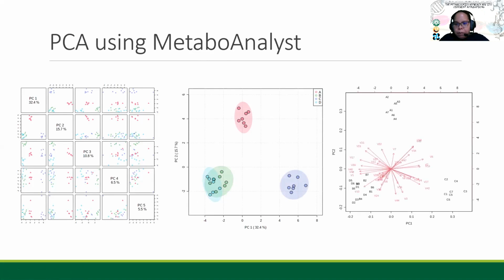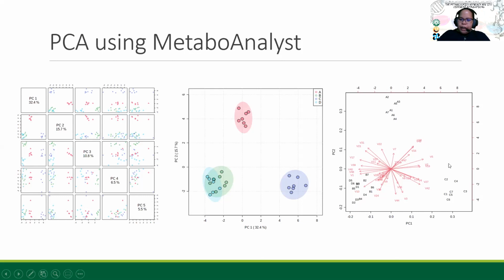In terms of variables that are influencing their separations, you can look at the loadings plot, but for easier reference, you can also make use of the biplot, wherein it shows you the scores, your samples, as well as the variables. So from here, you'll be able to see that A samples are high in variables like V22 and V7.